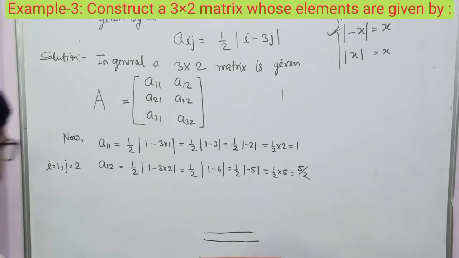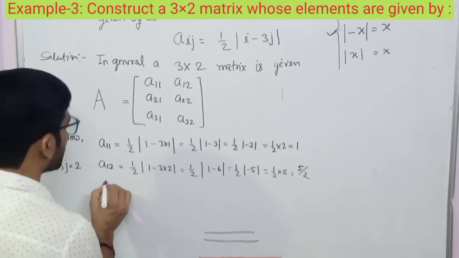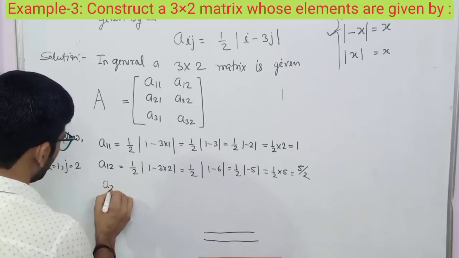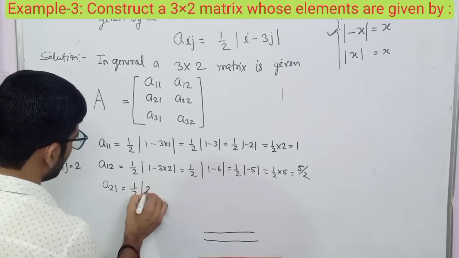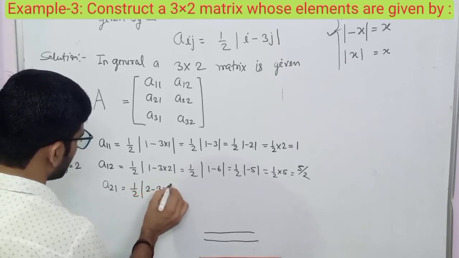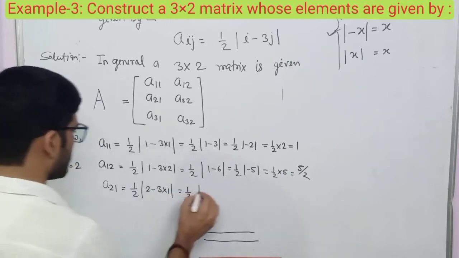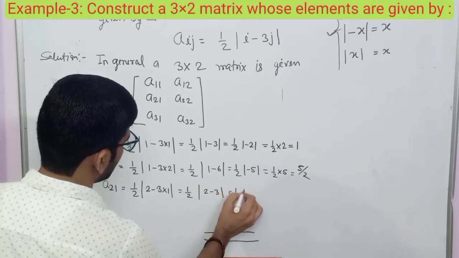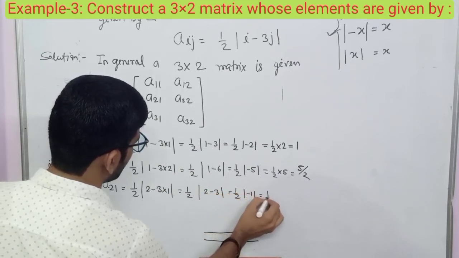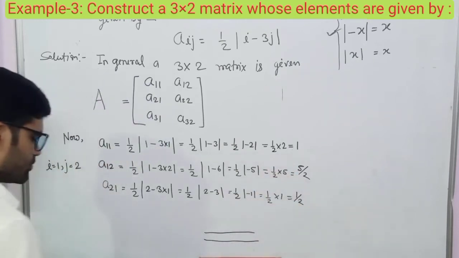Okay, so now we find A21, that means i equal to 2 and j equal to 1. 1 by 2 modulus of 2 minus 3, minus 1. 1 by 2 into 1, that is 1 by 2.